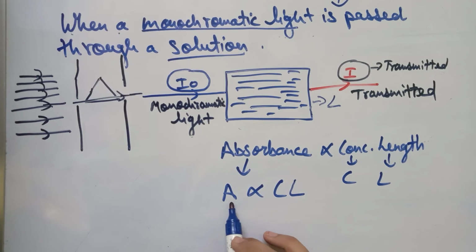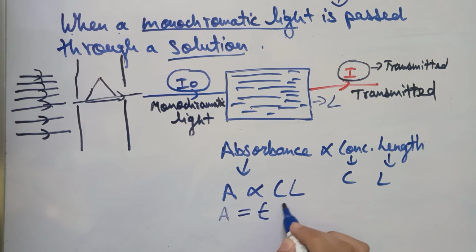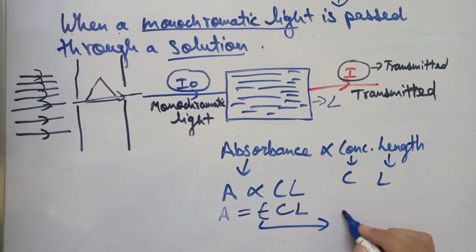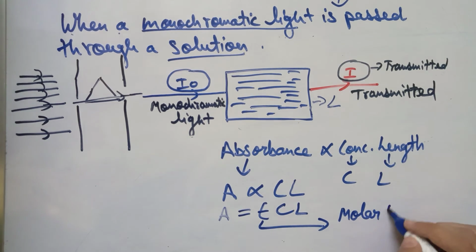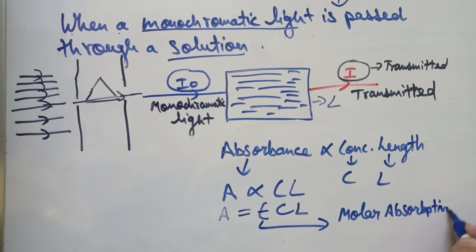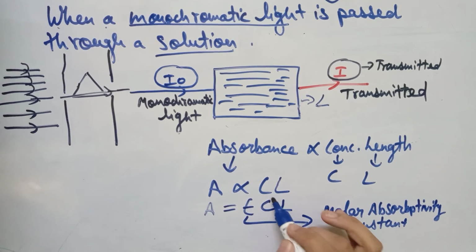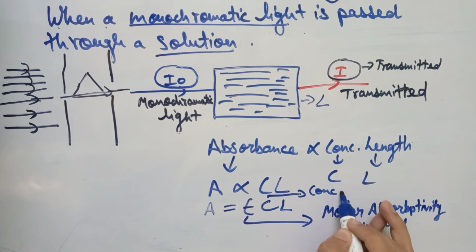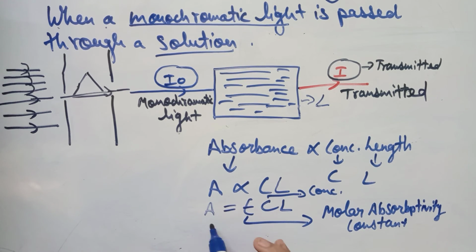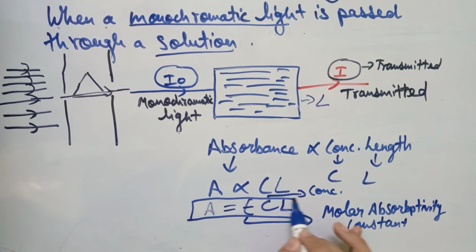So A is directly proportional to CL, and as we remove the proportionality sign, it becomes A equals epsilon CL. Here epsilon is the molar absorptivity constant, C is the concentration of the solution, and L is the length of the medium. So the absorbance relationship is simply written as A equals epsilon CL.